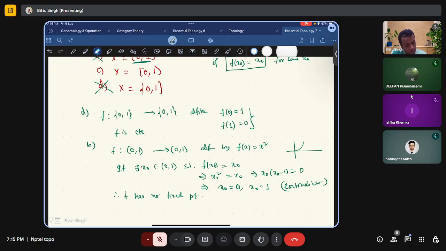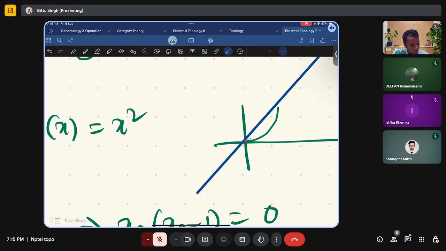Okay, so the points for which a fixed point arises means that the graph should intersect this line, right? Because f(x) equal to x happens if those points belong to this line. But you can see geometrically that for the graph f(x) equal to x square, the fixed points would arise at x equal to 1 or x equal to 0.